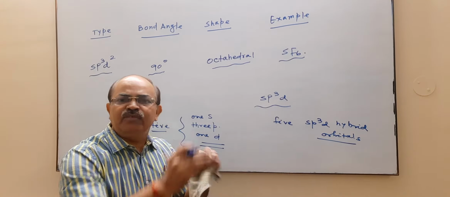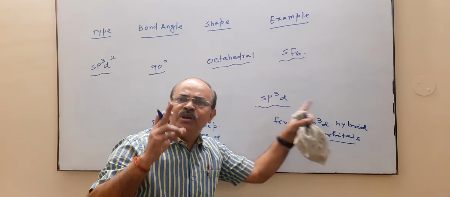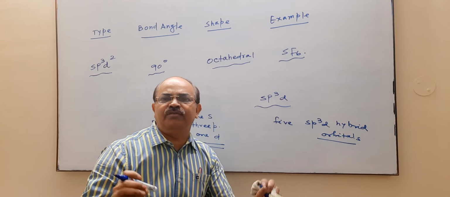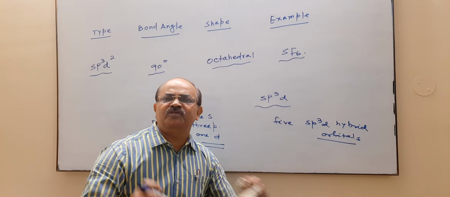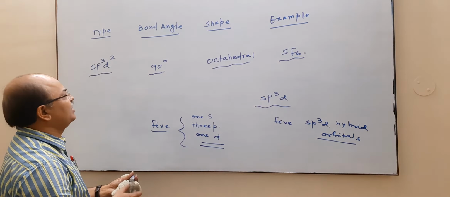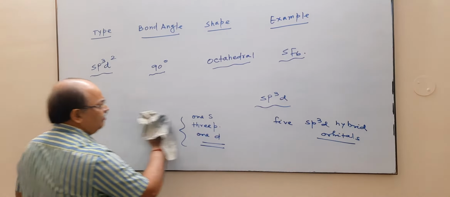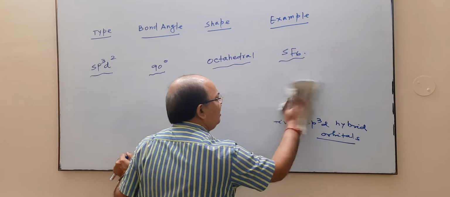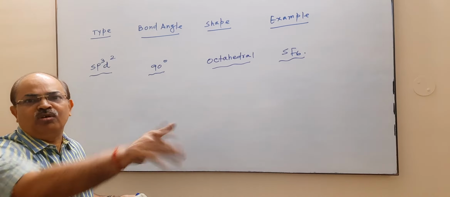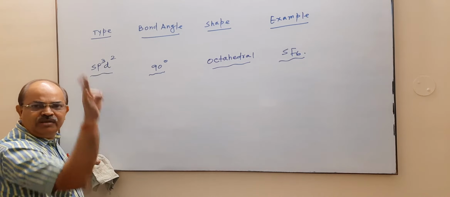Or you can say they form 5 hybrid orbitals in which each of them is referred to as sp3d, sp3d, sp3d. Similarly, in case of your sp3d2, there are 6 pure atomic orbitals: 1s, 3p, and out of 5, 2d.